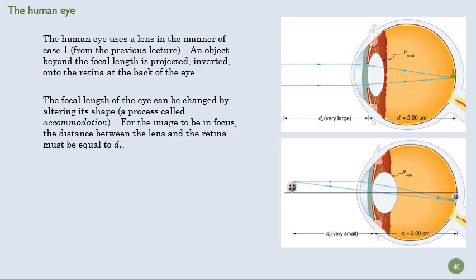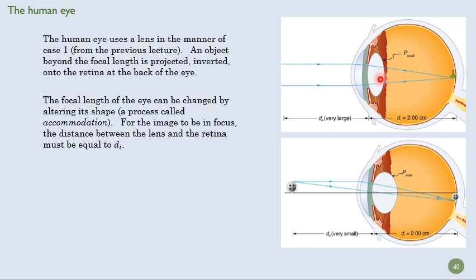We can change the focal length of our eye, in other words, and when we do that, we're changing the power of our lens. So this one image here, this is an object that's far away, with parallel rays coming in. We have a small power lens that focuses the image on the back of our eye. And we want to make the distance between the lens and the retina, that is this distance here, equal to di.